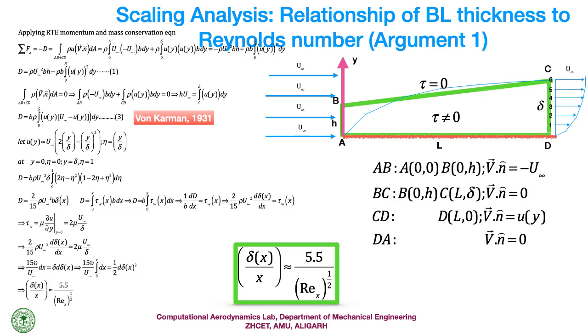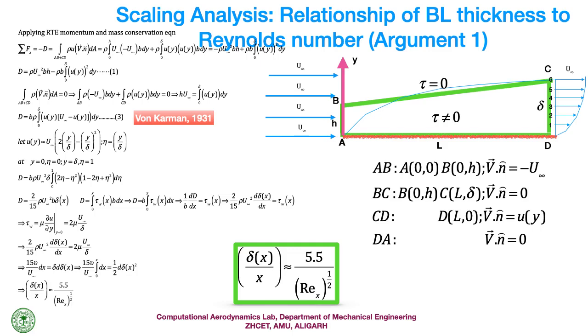So the green line, ABCD, is the control volume on which we are going to apply it. AD and BC are both streamlines. That means there is no vertical transport of momentum or mass across the streamline. BC is nearly the edge of the boundary layer thickness, which we have assumed right now. If you have a small area, then you can see that it is basically a straight line.